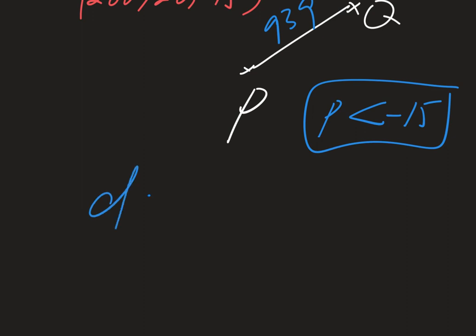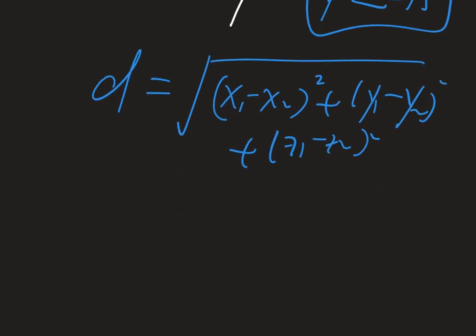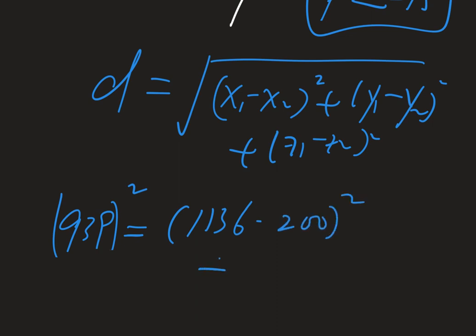So we know the distance formula: x1 minus x2 squared plus y1 minus y2 squared plus z1 minus z2 squared. So this is the distance formula. Then we just substitute it in. 939 squared equals 1136 minus 200 squared plus 92 minus 20 squared plus p plus 15 squared.